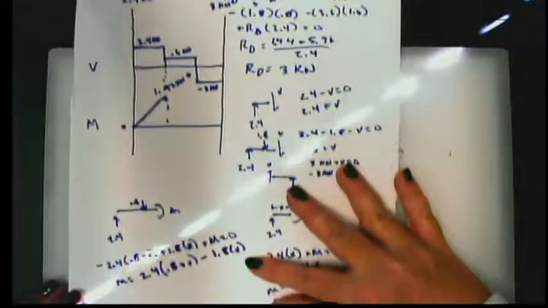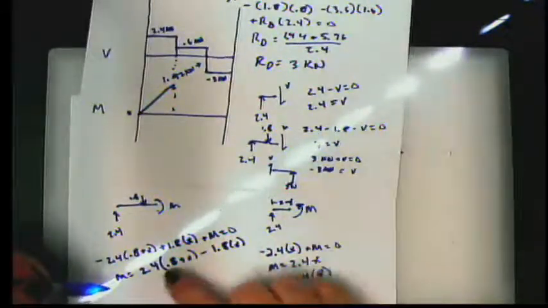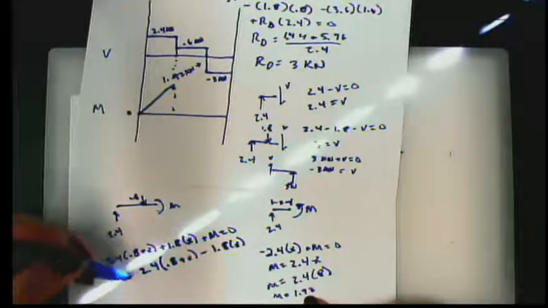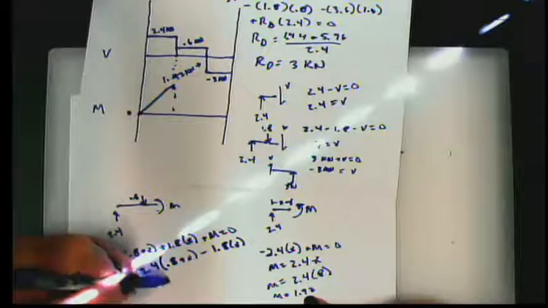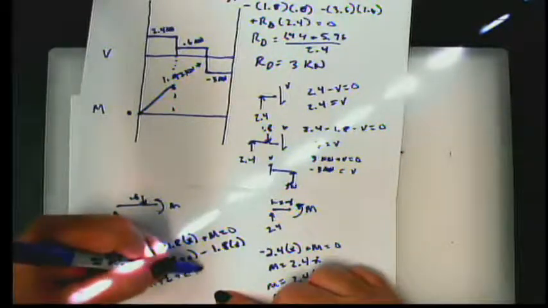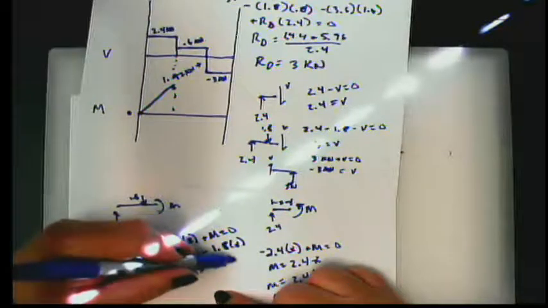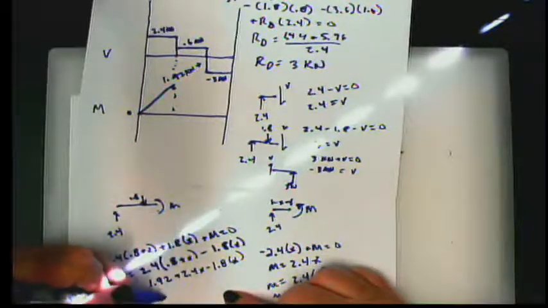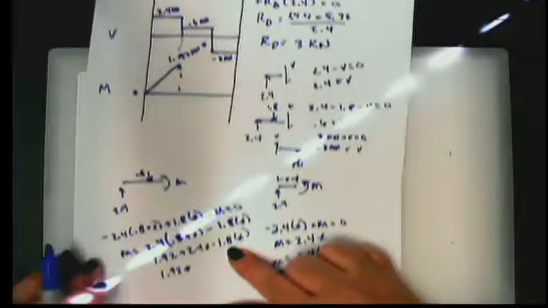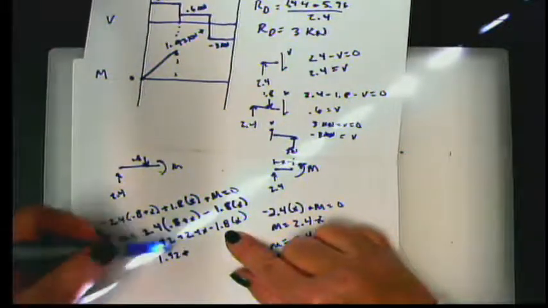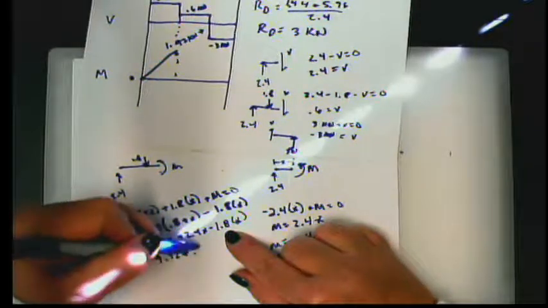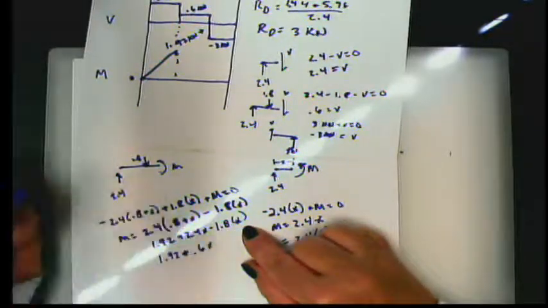Well, if you take 2.4 and multiply it by 0.8, you find that this is 1.92, which is that initial condition, plus 2.4 times x minus 1.8 times x, or 1.92 plus 2.4 minus 1.8 is 0.6x.